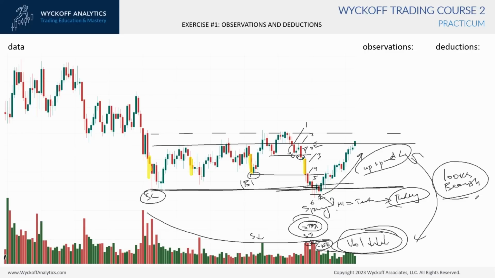It's kind of like this laborious move to the upside. But at the same time, the most important question for us, what is the upward result? Because it could, as I coined this phrase, looks bearish acts bullish, or looks bullish acts bearish. As we're looking at the character, it means nothing for the result. So what is the upward result doing? Is the upward result increasing on the last rally or decreasing?